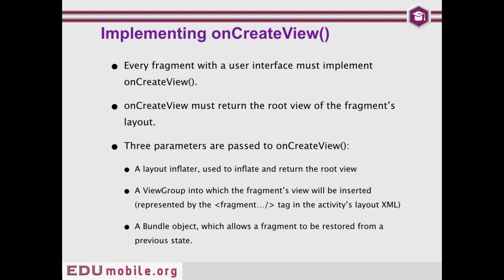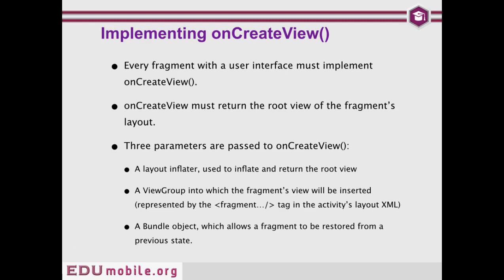So we have the activity layout. It has a fragment tag inside it. And then we have the fragment layout that will go into that placeholder fragment tag in the activity. You will get three parameters to deal with in onCreateView. They're provided for you. First of all, you're going to get a LayoutInflater, and we use that to inflate and return the root view of the fragment.